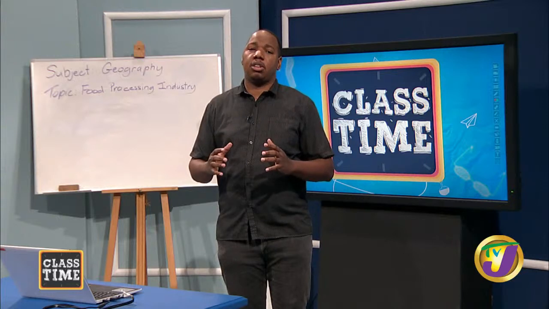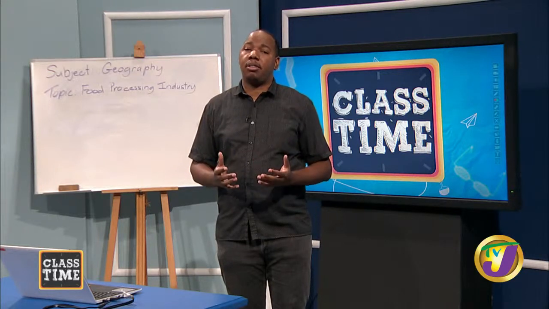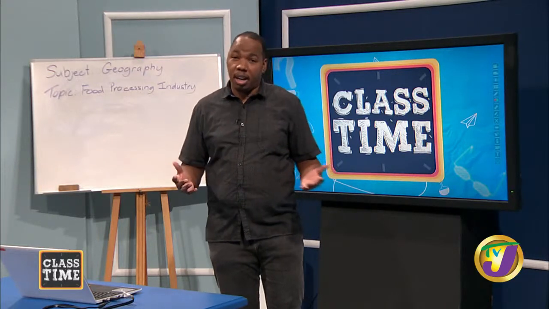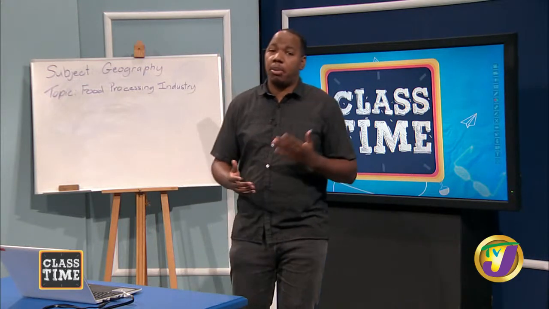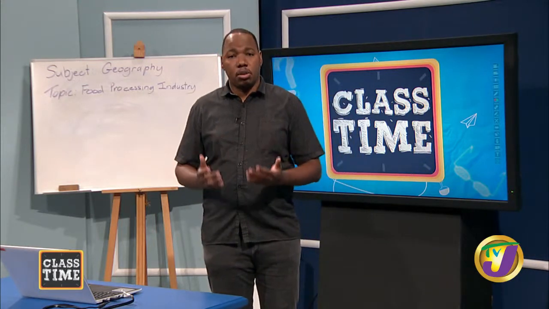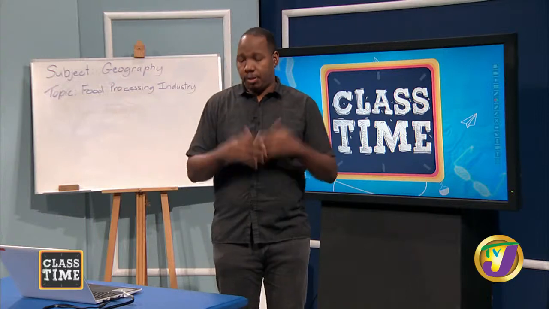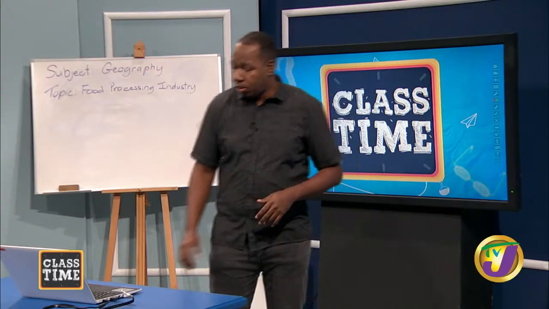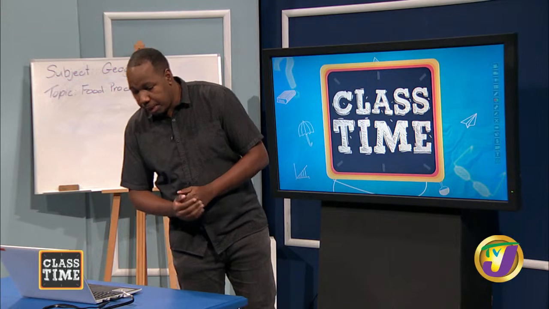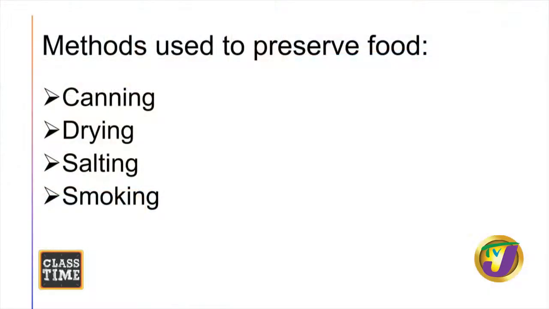The food processing industry is a part of the manufacturing sector, because after all, we are manufacturing products and commodities for the market to consume. So, if you guessed B, you would have been correct.